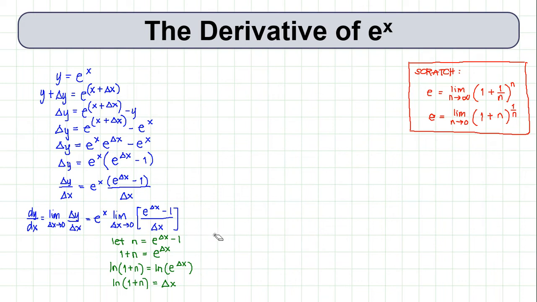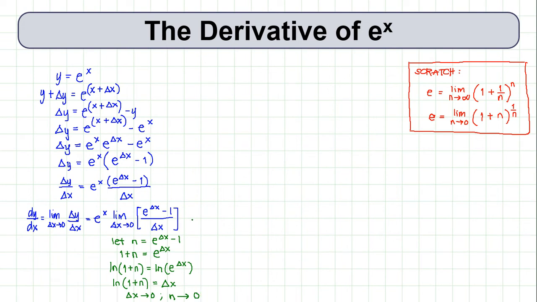Pero once na magpalit tayo ng variable, kailangan yung ating limit papalitan din natin, no? So therefore, when delta x approaches 0, ano ang nangyayari sa n, no? Yung n natin, pagpalitan natin ng 0 to, n approaches, tama, 0, no? Kasi papalitan natin to ng 0, magiging 1 minus 1 yan. Kaya naman, n will be approaching 0.